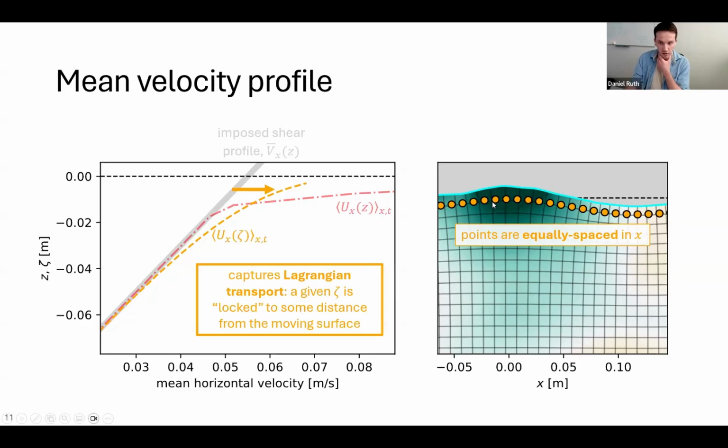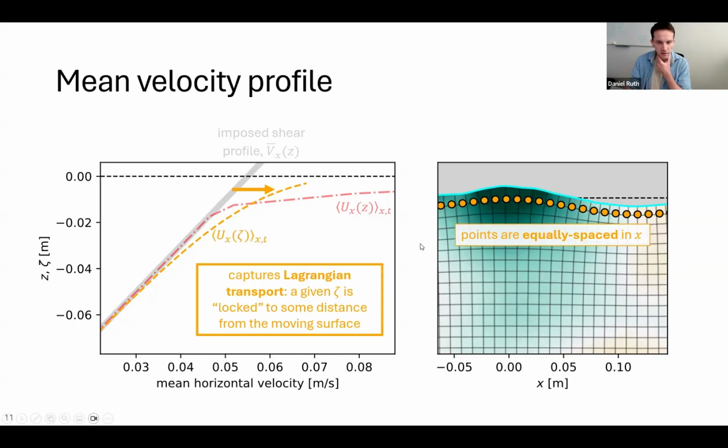And the reason for this is that we're capturing the Lagrangian transport that's associated with the wave. Because when points are at a given distance beneath the surface, they're moving with the surface and feeling the same Lagrangian transport that fluid tracers are.